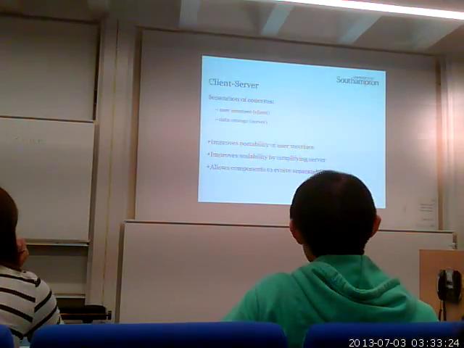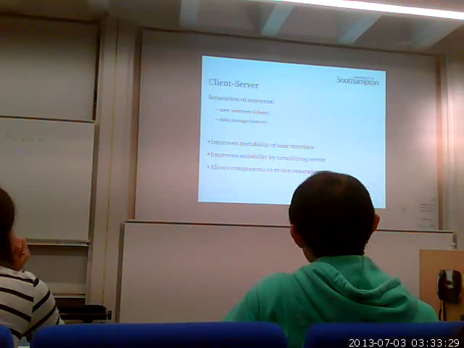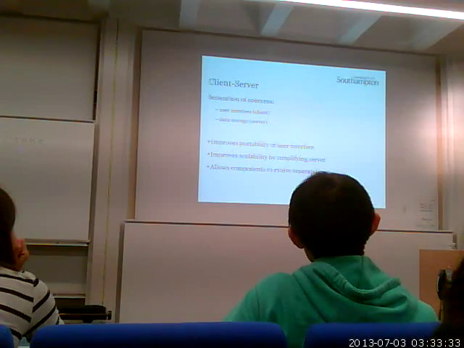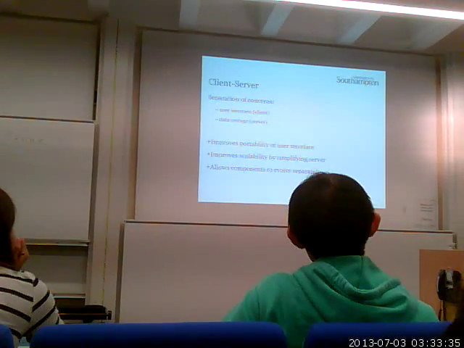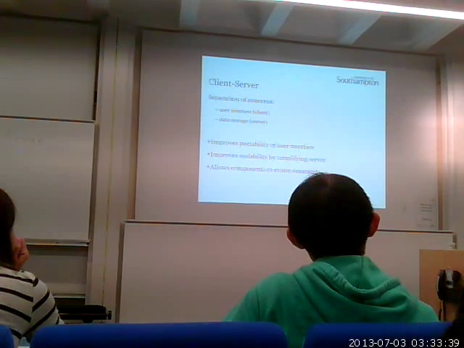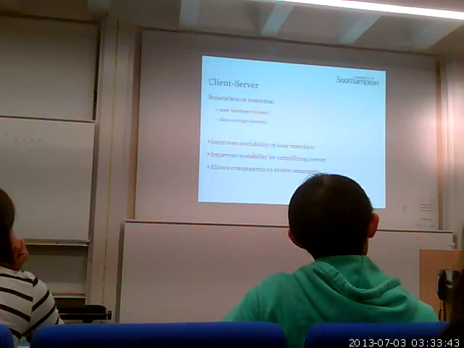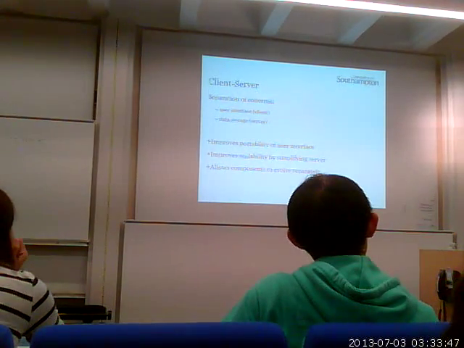And that's the job of the client. The aim here is to allow both of those two things to concentrate on that part. So the client only has to do user interface, the server only has to do data storage. The server doesn't have to be concerned with providing the interface directly to the user, and the client doesn't have to worry about storing data. It leaves that to the server.